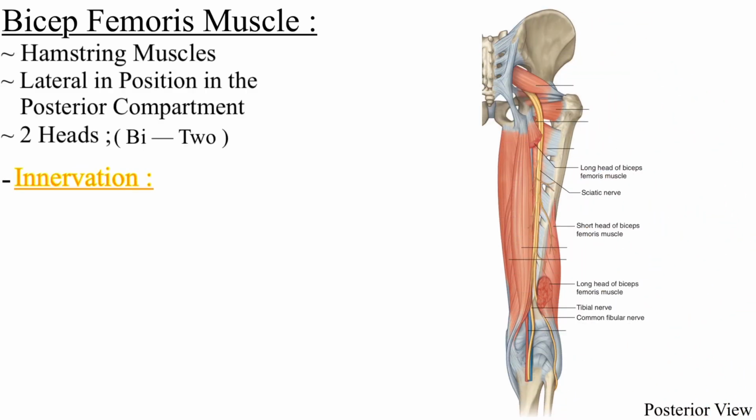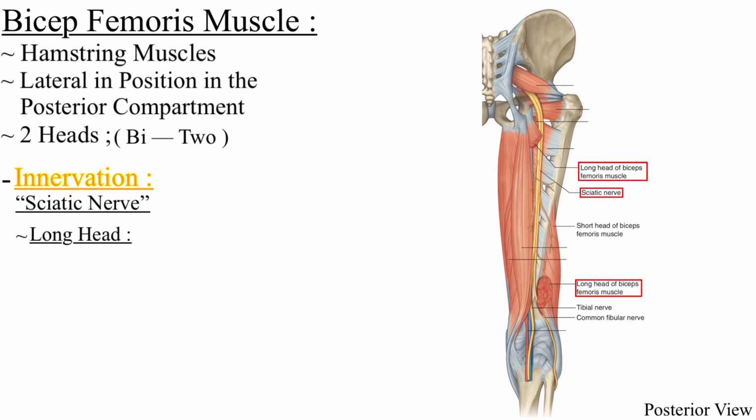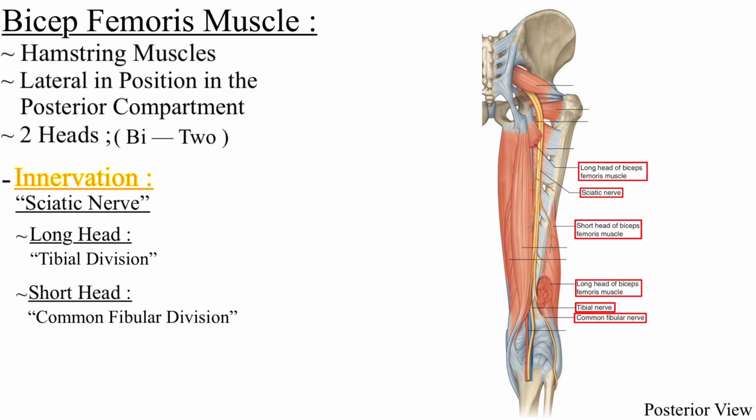Next is the innervation. It is innervated by sciatic nerve. The long head is innervated by tibial division of the sciatic nerve, while the short head is innervated by common fibular division of the sciatic nerve.